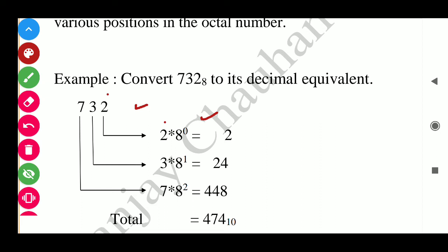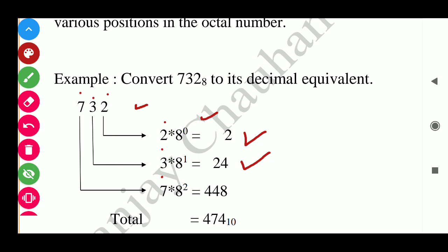1 into 2 is 2. Write there 2. Write this 3 here, 3 into 8 raised to the power 1. Just increase the power by 1. So 8 raised to the power 1 is 8, into 3, that is 24. Write there 24. Now write this 7 here, with an arrow indicating that we are solving it. 7 into 8 to the power 2.